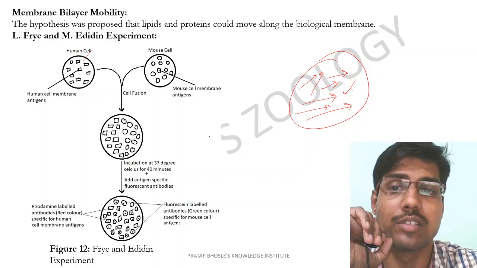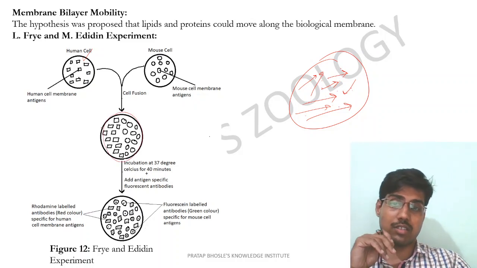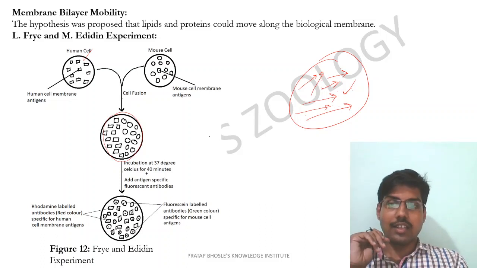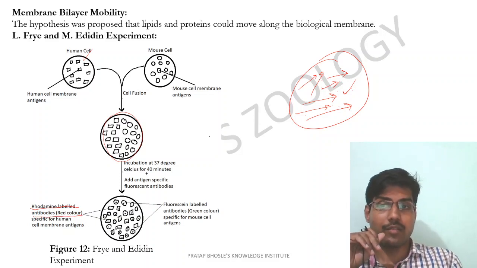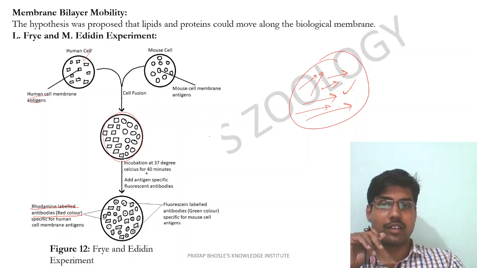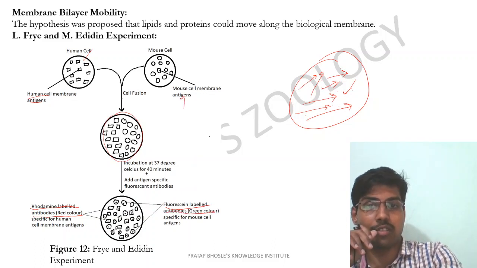He fused both the cells, and allowed this fused cell to incubate at 37 degrees Celsius for 40 minutes. He added rhodamine labeled fluorescent antibodies of red color, specific for the human membrane antigens, and also fluorescein labeled green colored antibodies, specific for mouse cell antigens.